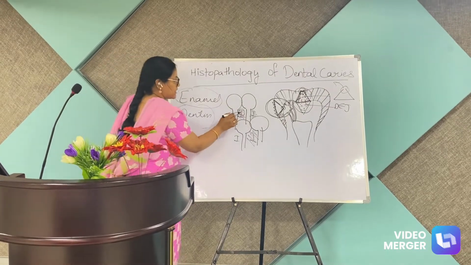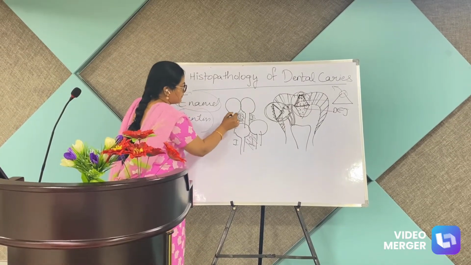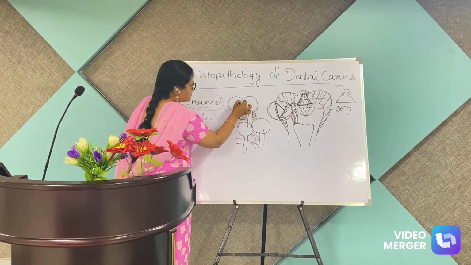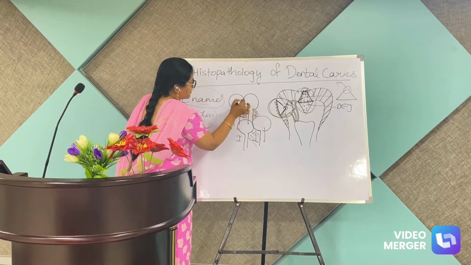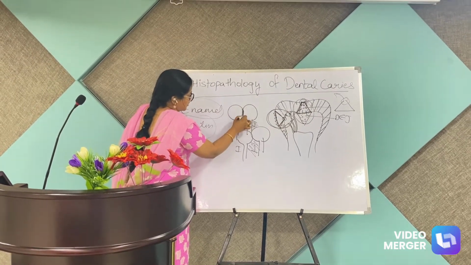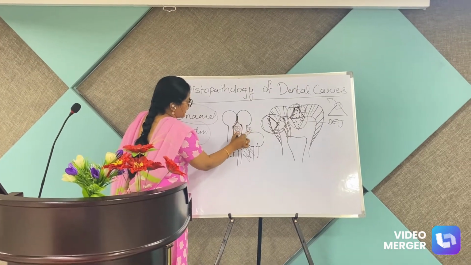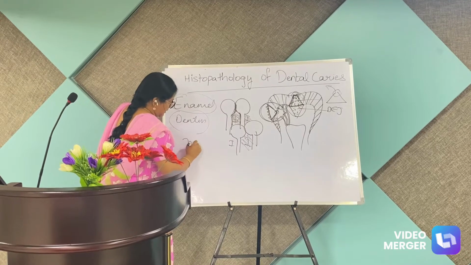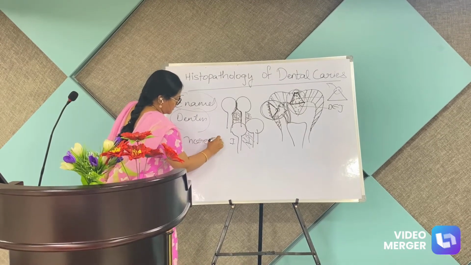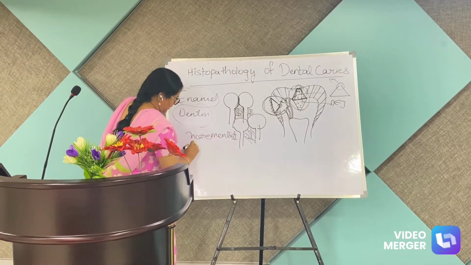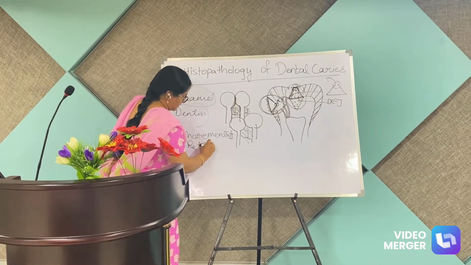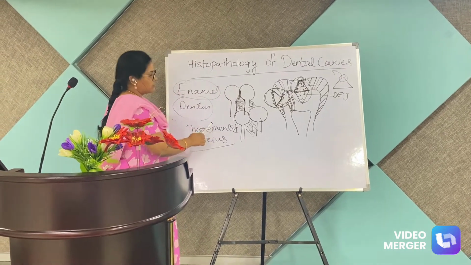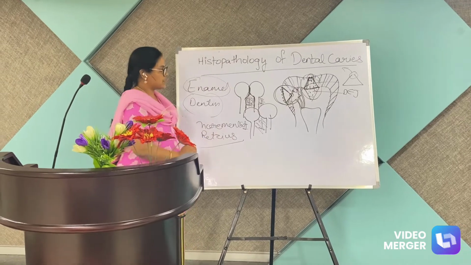Having lost this interprismatic material, the borders surrounding the rods will become more prominent. These borders, delineating rod and rod, are called the incremental lines of Retzius. These lines become more prominent in the early carious lesions.